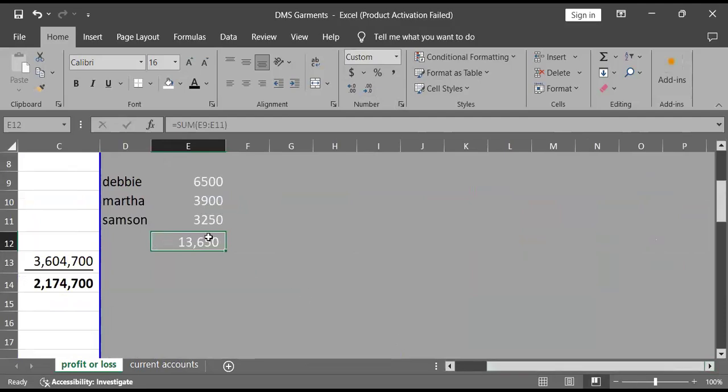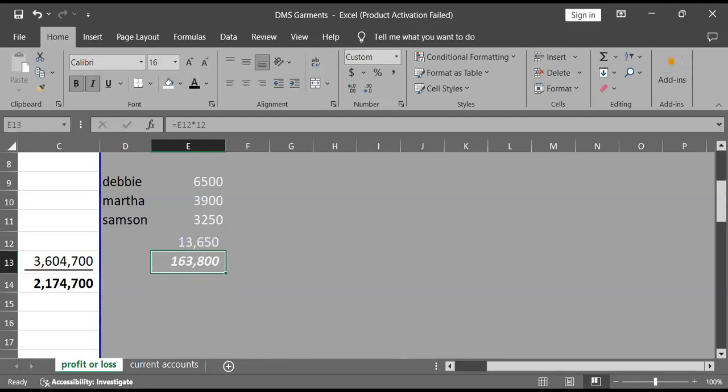So we're going to get this monthly salary and make it annual, by multiplying 13,650 by the 12 months, which will give us 163. So for us to get the actual employee salaries, we have to remove these 163, which is the partners' salary.